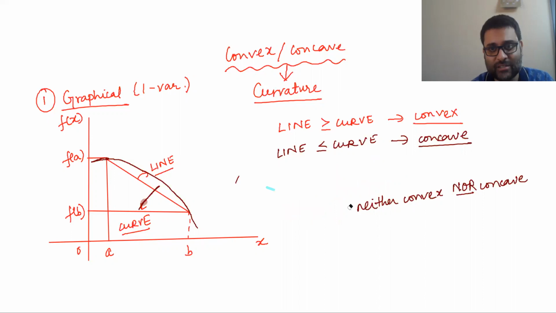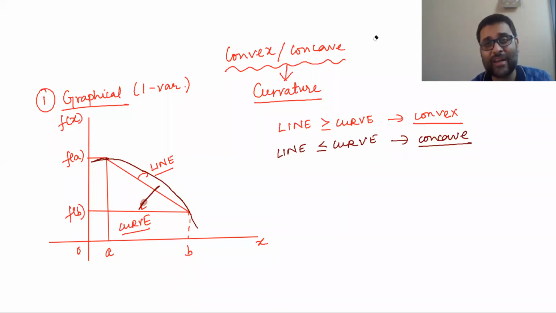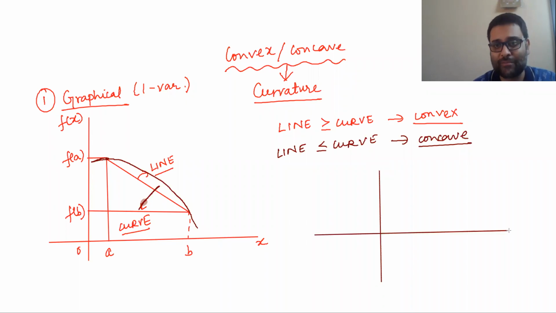Now, another question can occur in your mind is, sir, can a function be convex and concave at the same time? And the answer is yes. Why is the answer yes? If the line is equal to the curve, please see my definition. Line greater than equal to the curve, it is convex. Line less than equal to the curve, it is concave. So what if the line is equal to the curve?